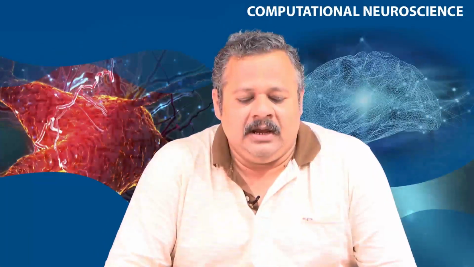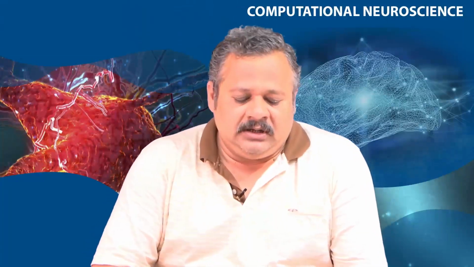Welcome everybody. So we have been discussing short-term plasticity, and in the last class we covered the particular model of showing or depression in synapses. Let us just recollect what we had.